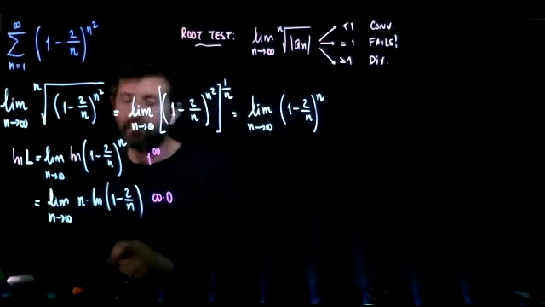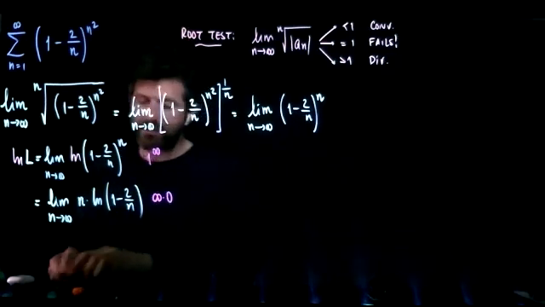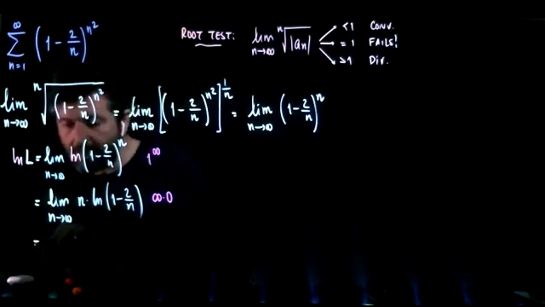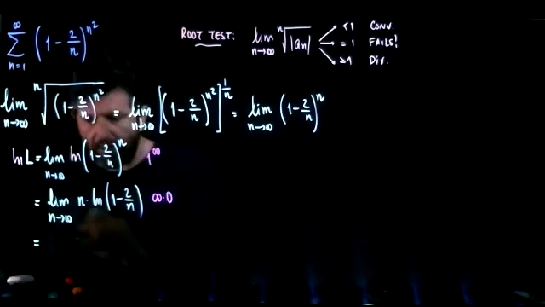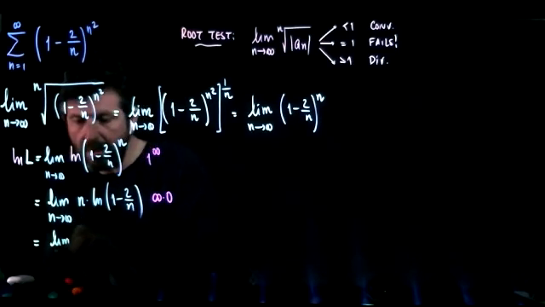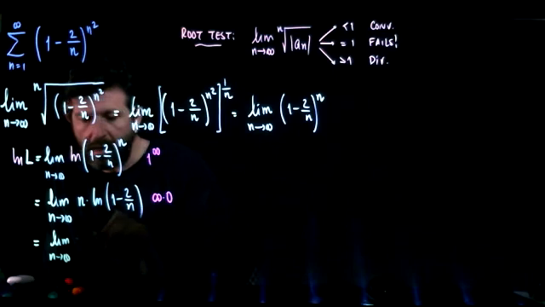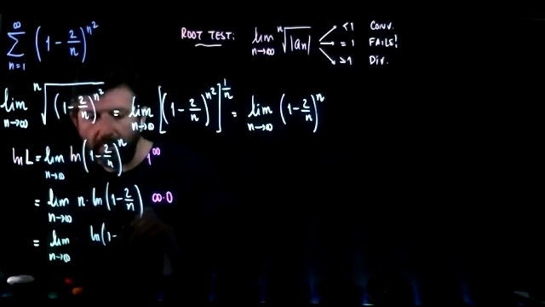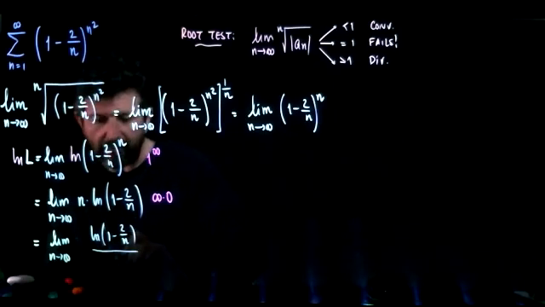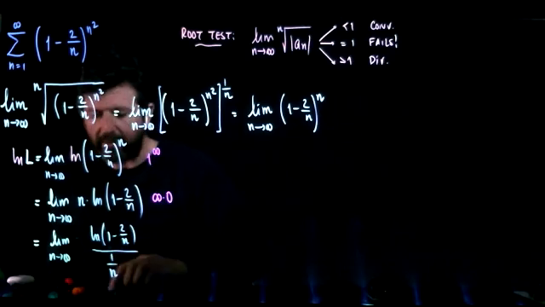Infinity times 0. And the last thing I'm going to do now is send the n to the bottom. And so I get ln of 1 minus 2 over n over, and if I send n to the bottom, it becomes 1 over n.